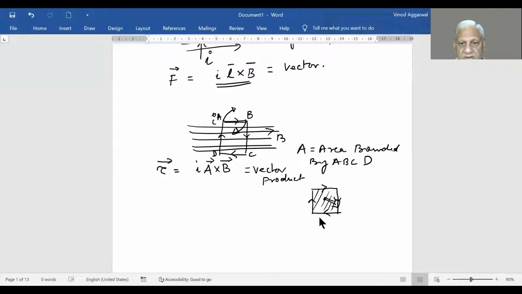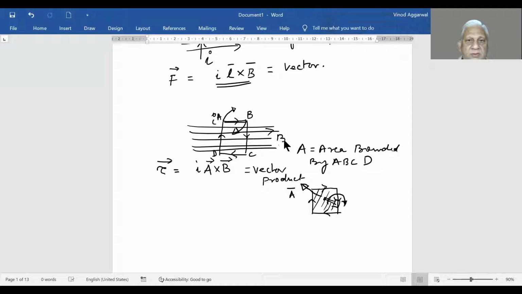For example, in this case, we will be rotating like this, because the current is flowing like this. Now, if we rotate a screw in this direction, it will advance in the forward direction. So this is our direction of A.